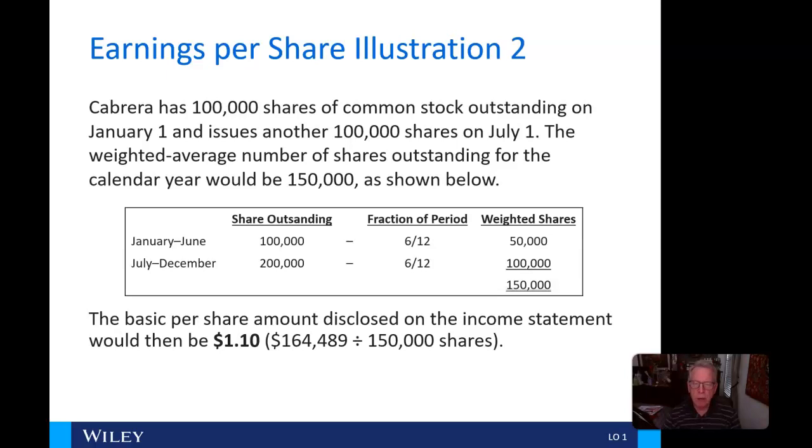If that was the case, we'd take that 164,489 and divide it by 150,000 shares to get $1.10. So you'll remember that formula was net income minus preferred stock dividends divided by the weighted average outstanding shares.